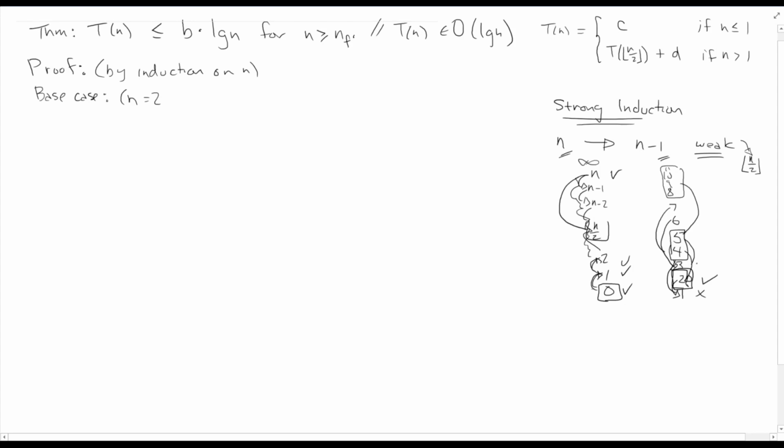But it won't prove 3 is correct, or 6 and 7, or 12 through 15, the next 4. Okay, why? Because those ones all depend here on 3, and we haven't proven them yet. So the upshot of this is, if we're going to prove 2 as our base case, we also need to prove 3 as our base case as well. Okay, 3 as well.